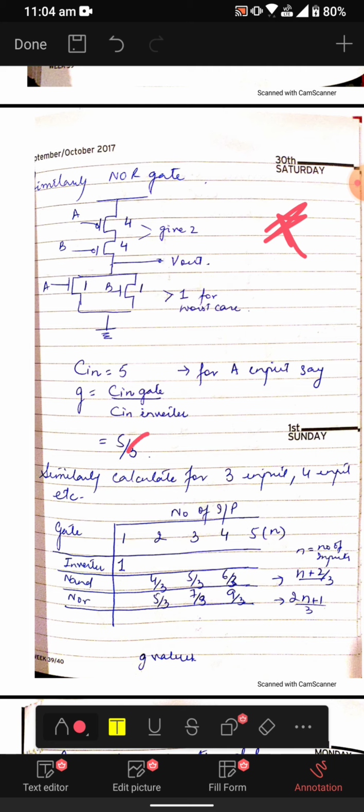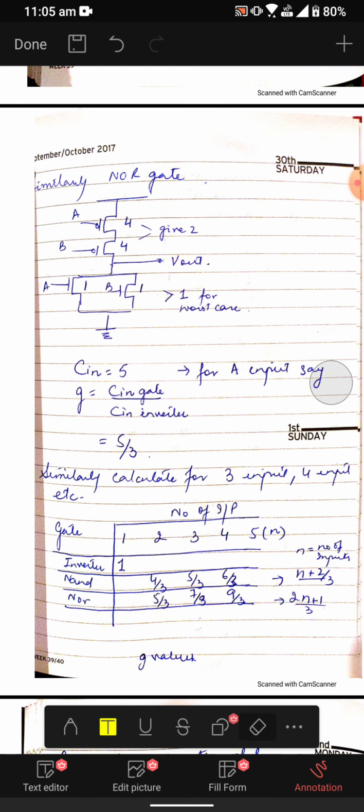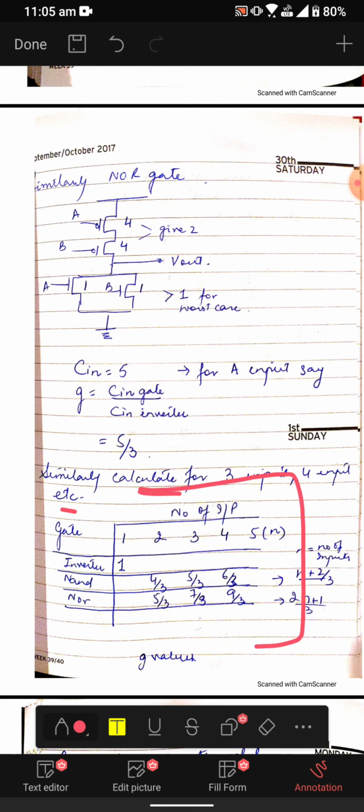Inverter की हमने already पहले ही 3 calculate की हुई है. For C in for inverter it is equal to 3. Okay. तो इसके लिए कितनी होगी? एक इनपुट के लिए it is 4 और 1 that is 5. तो it is equal to 5/3. This is for 2 input NOR gate. Similarly you can calculate for 3 input, 4 input etc. Okay. And you will get this table.